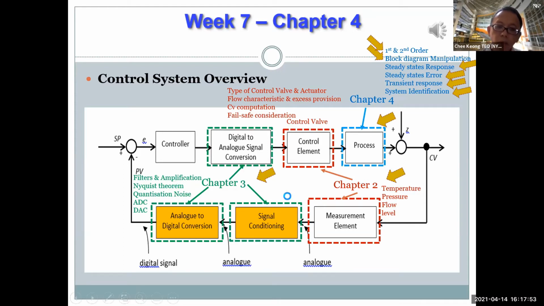Now in chapter 3 we went in very quickly, looking at signal conditioning. That's basically amplification and filtering, right? And then we talked about ADC, which has a few processes. First of all, the sample and hold. The purpose of sample is to reduce the amount of memory required, and the hold is to hold it so that you can process it.